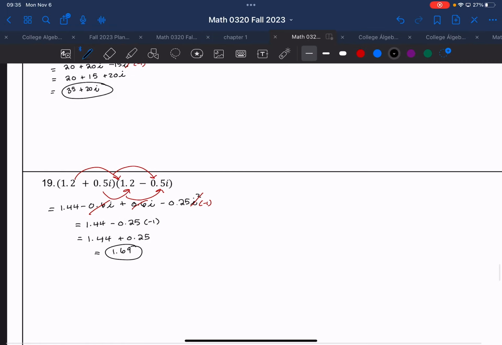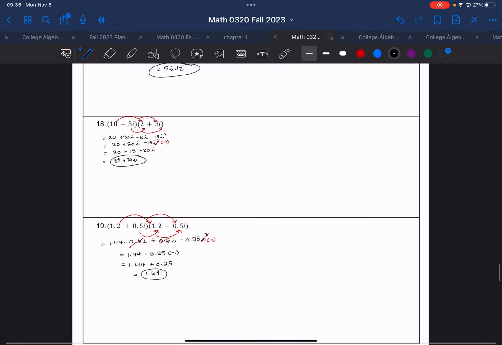Okay, any questions on this concept? So on this one, we were adding, subtracting, and multiplying complex numbers. So very similar to when we were adding, subtracting, and multiplying expressions with variables. Okay.